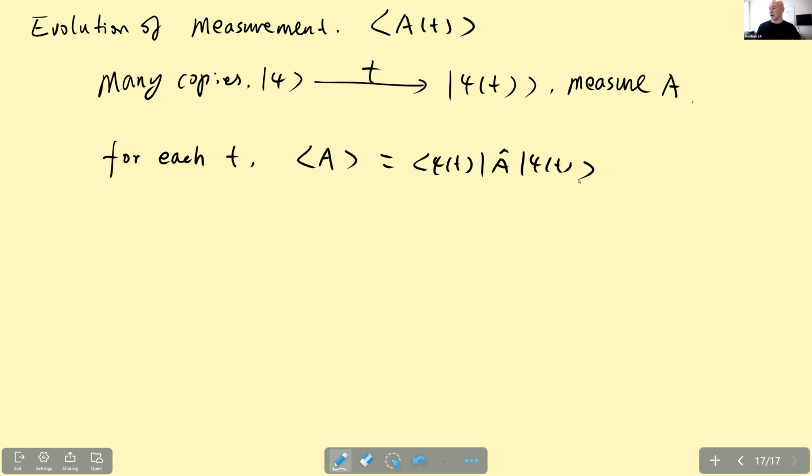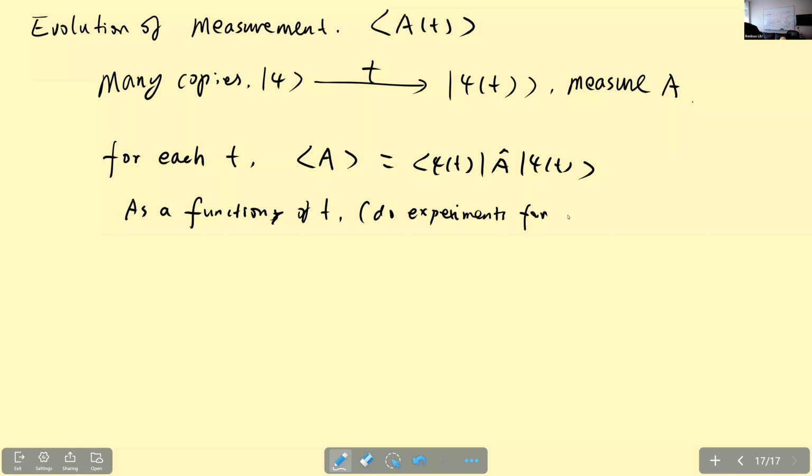Okay, and then as a function, that means you do these experiments for different t. Okay, you're going to have different expectation values of A, right?